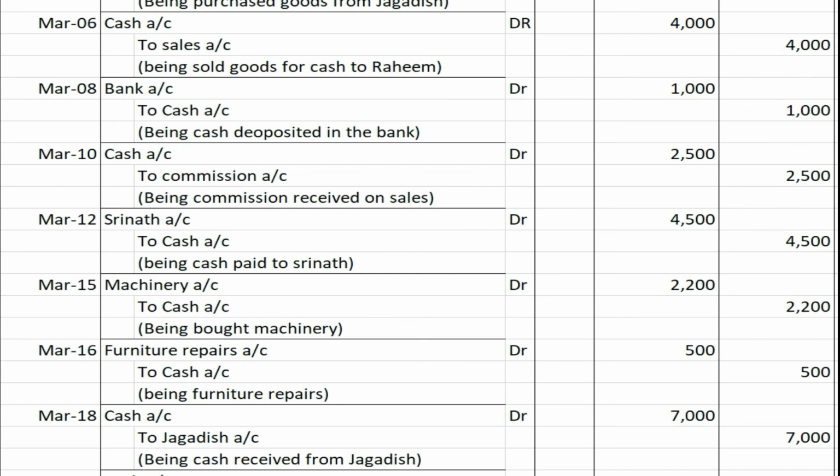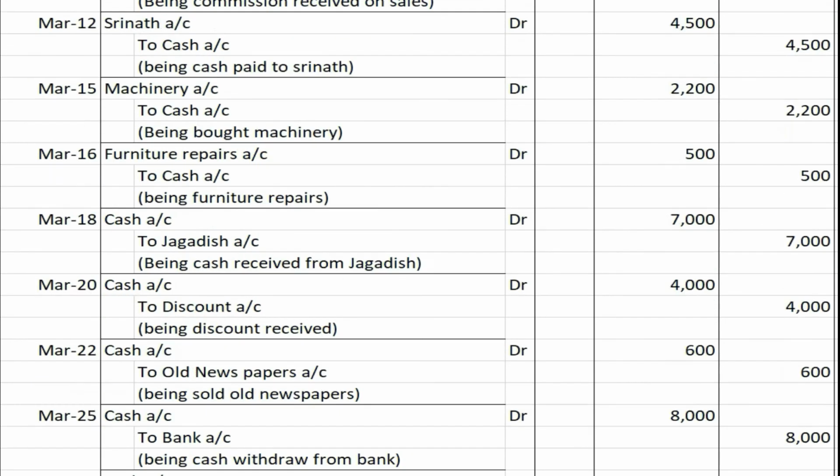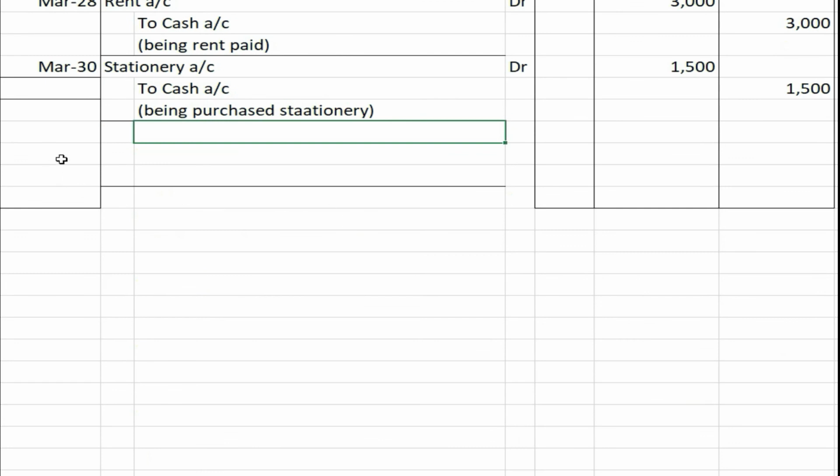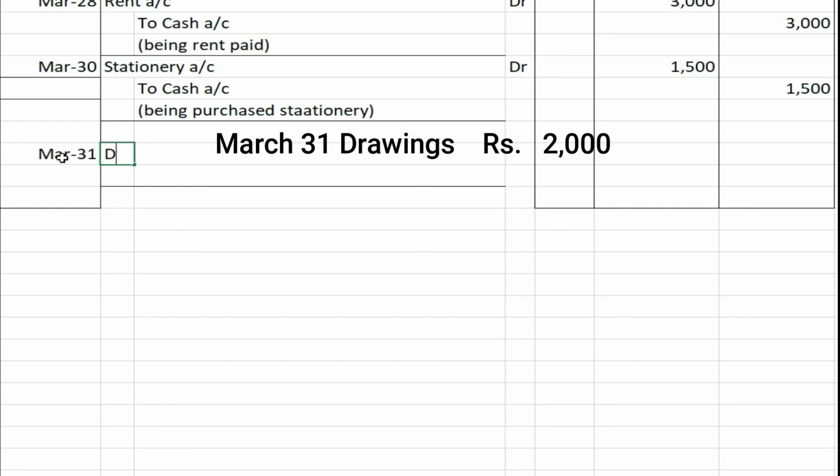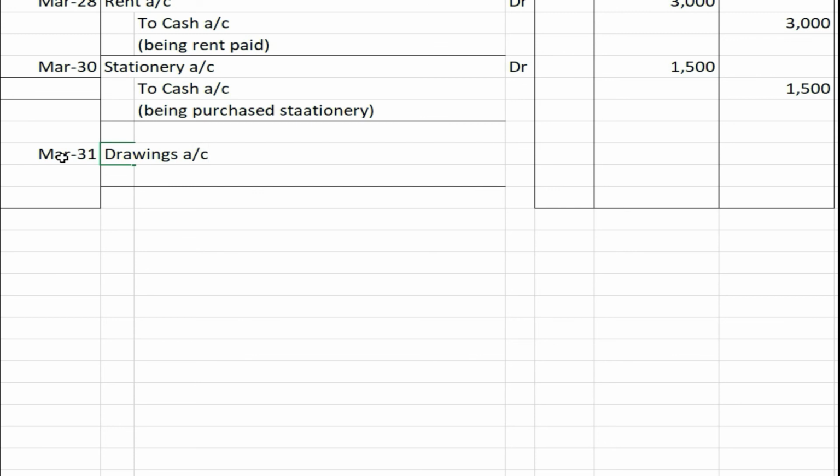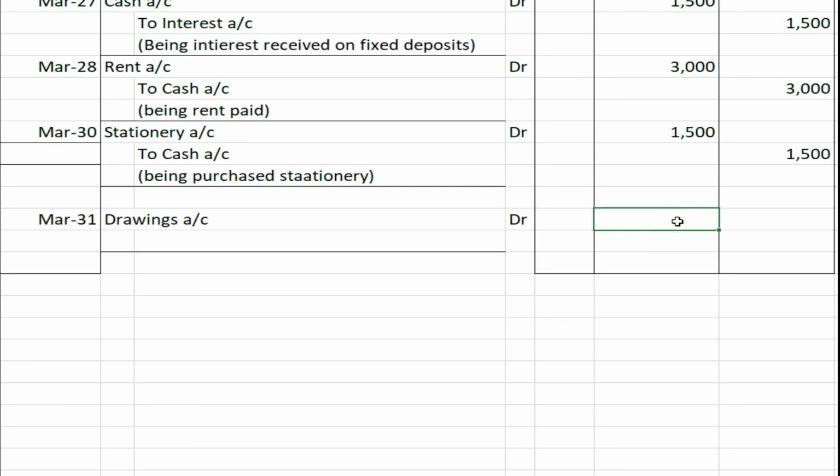Okay, the next transaction. March 31st, drawings 2000. Drawings means debit, then cash is going credit.